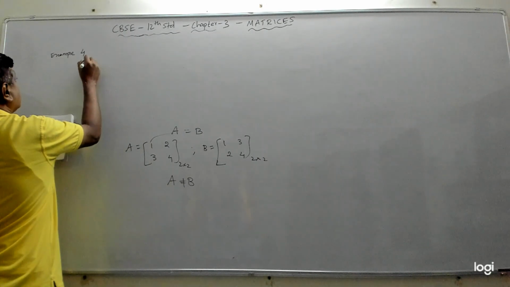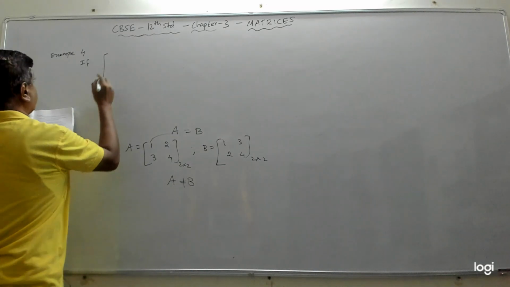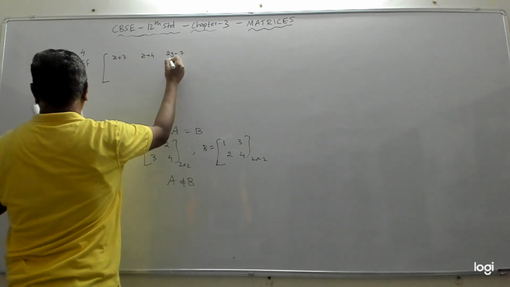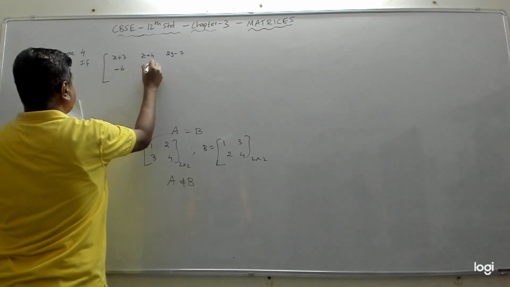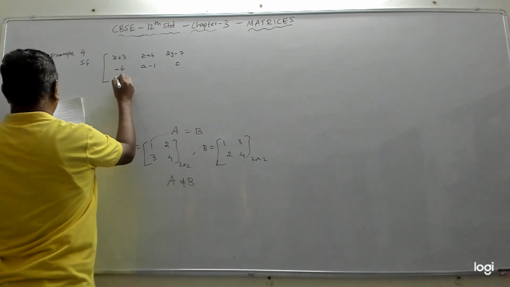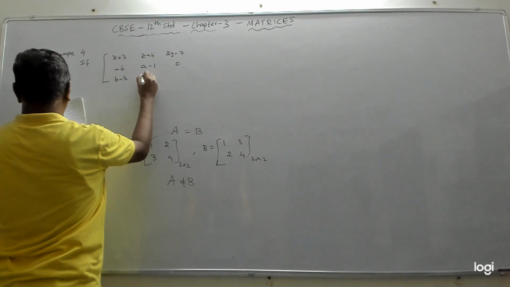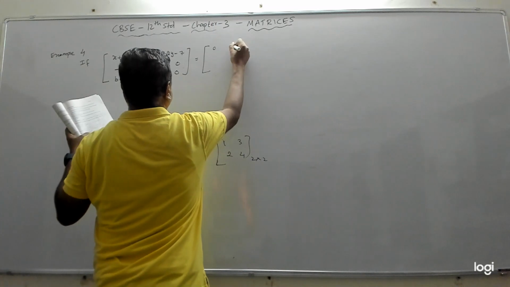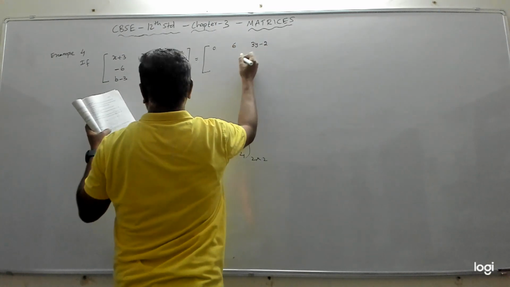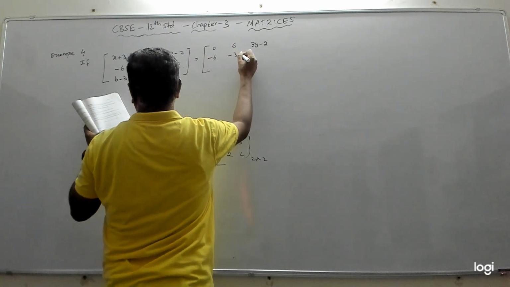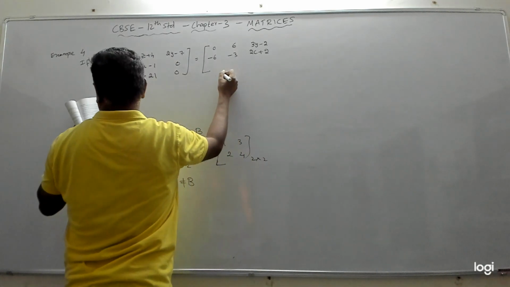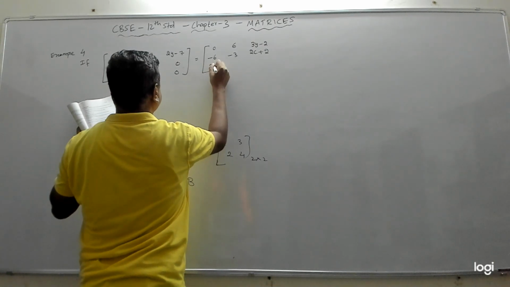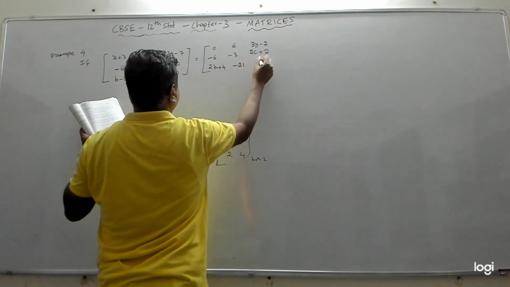if the matrix with rows x plus 3, z plus 4, 2y minus 7; minus 6, a minus 1, 0; b minus 3, minus 21, 0 is equal to the matrix with rows 0, 6, 3y minus 2; minus 6, minus 3, 2c plus 2; b minus 3, 2b plus 4, minus 21, 0.